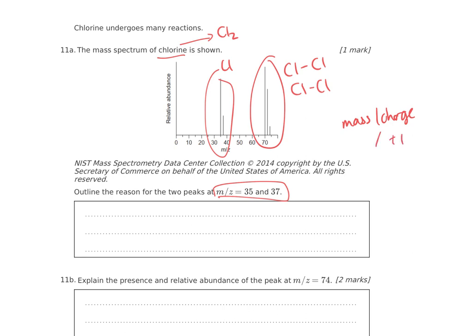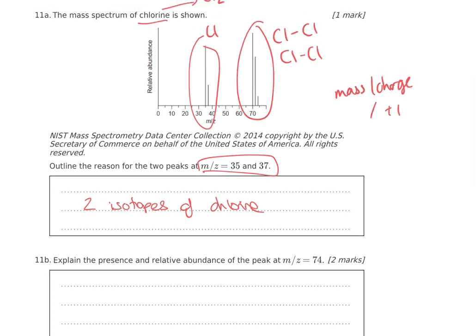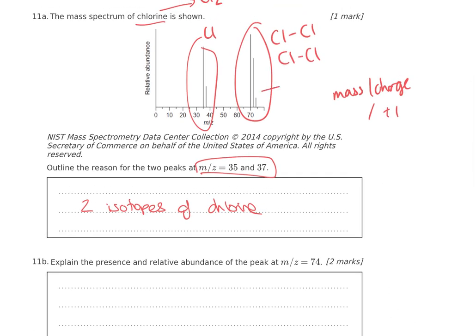So effectively Mz is around the MR, the mass. Okay. So why are there peaks at 37 and 35? And it's because there are the 2 isotopes of chlorine. Okay, and these 3 peaks at the end here would be from having like 35 and 37, or 37 and 37, etc. Okay.